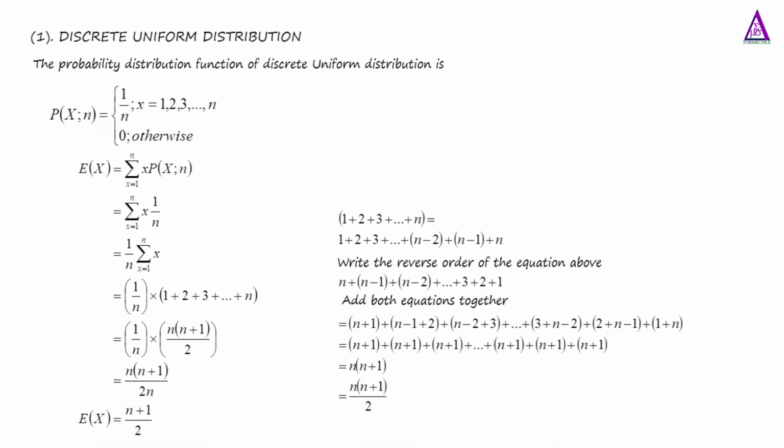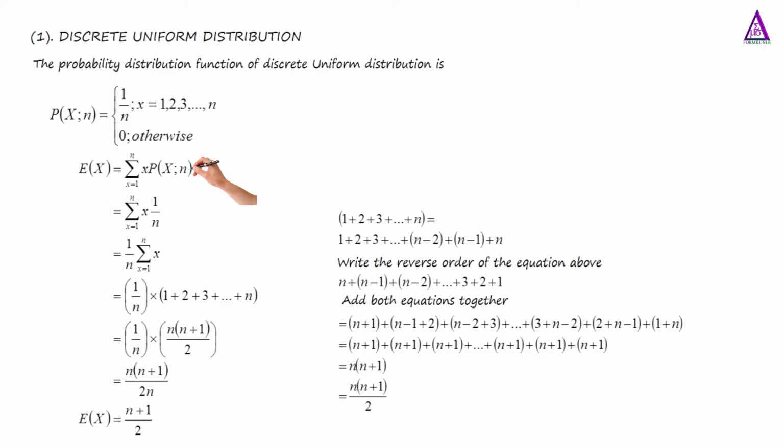Discrete uniform distribution. The probability distribution function of discrete uniform distribution is given as this. Expected value of discrete uniform distribution.